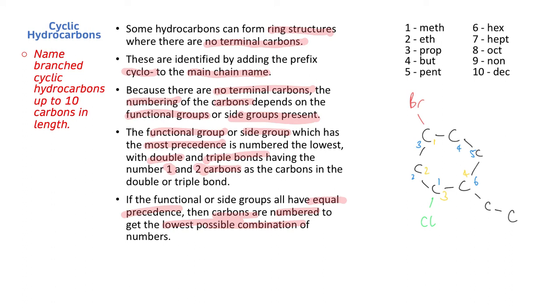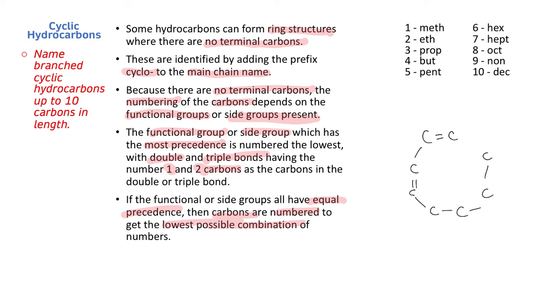Let's do another example. Let's do this. Oh, I should have kept count of how many carbons that is. 1, 2, 3, 4, 5, 6, 7, 8. That's an octane, or cyclooctane.